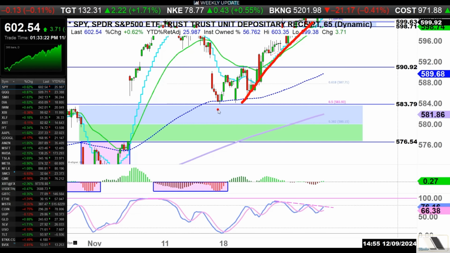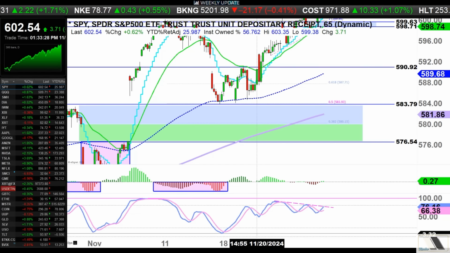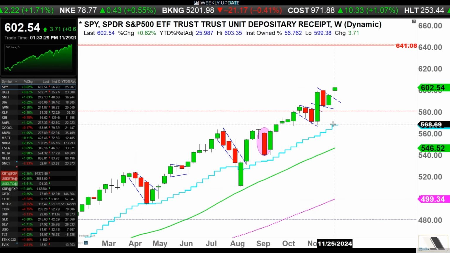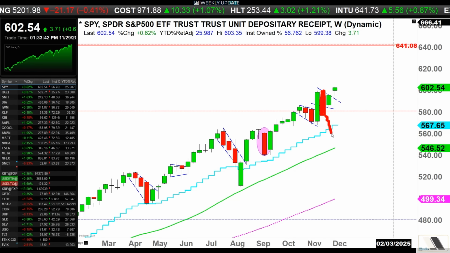So let's say the bears would have come down and filled it. What do you think it would have looked like on the weekly? Well, on the weekly, this bearish candle would have looked something like this. That would be a bearish dark cloud cover. Then maybe, and I'm not going to say if we see a bearish dark cloud cover we're going to see a 25% correction.